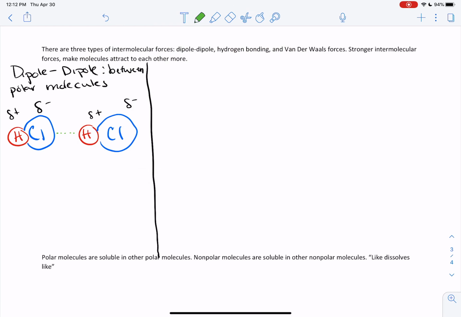So the chlorine attracts the hydrogen, and this is our dipole bond. Okay?